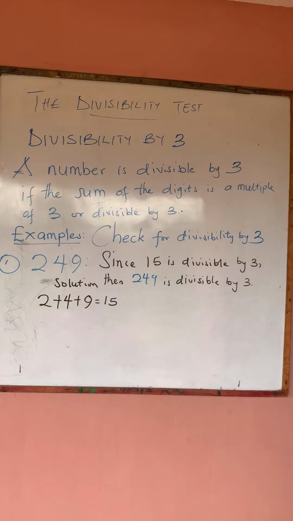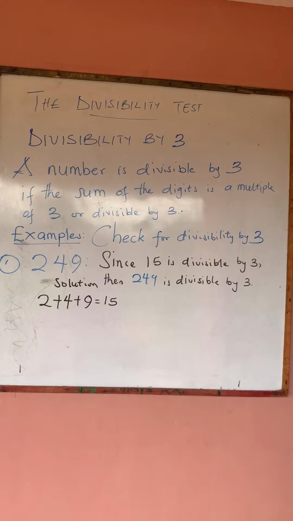All right. Please, do you all understand what you are doing? You understand the lessons? We are checking for divisibility by 3. And the rule says that a number is divisible by 3 if the sum of the digits is divisible by 3. Now, you have our first example, which says you should check for divisibility by 3 for 249.